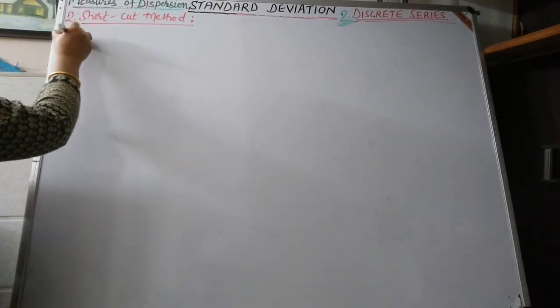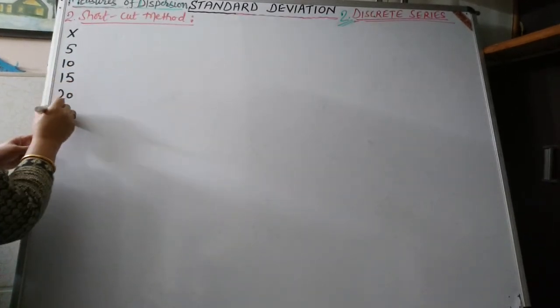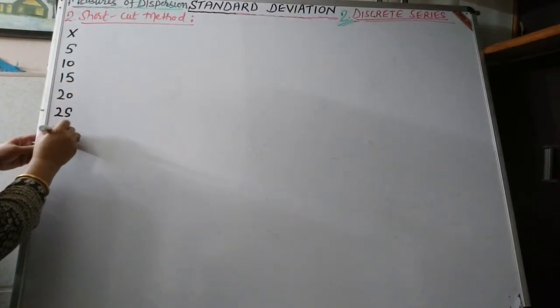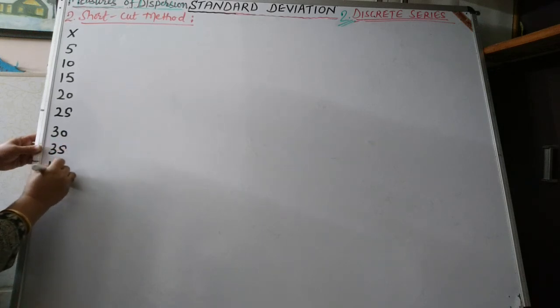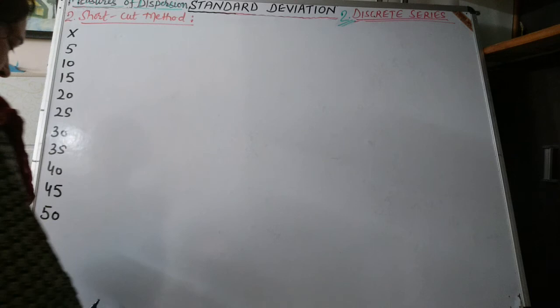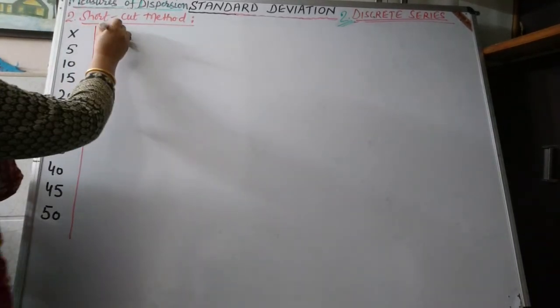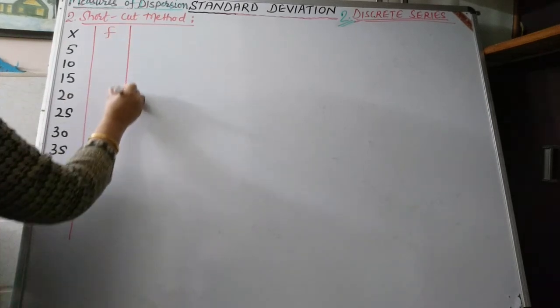In this statement, the values of x are given: 5, 10, 15, 20, 25, 30, 35, 40, 45 and last one is 50. And the values of f, frequency, are also given.